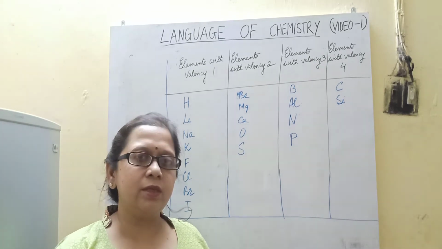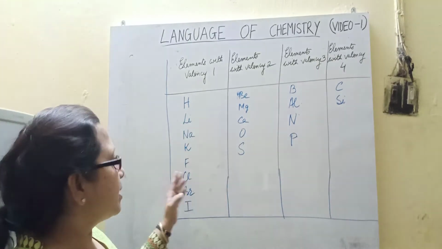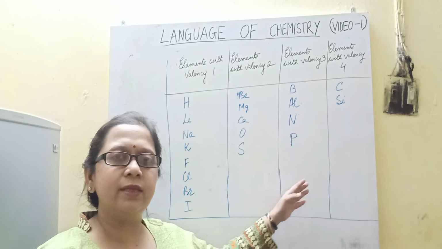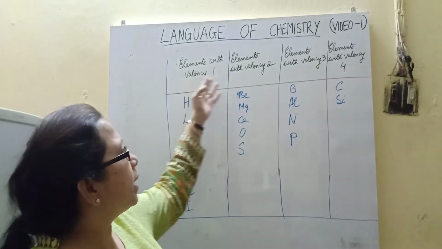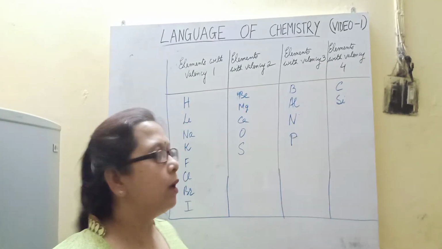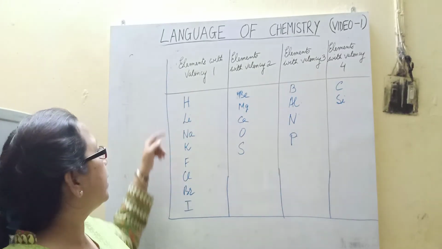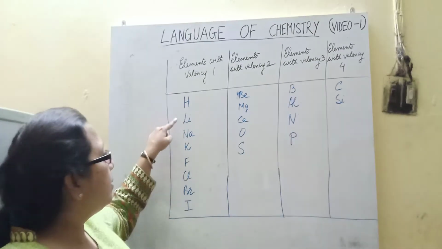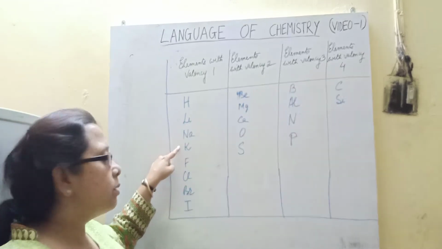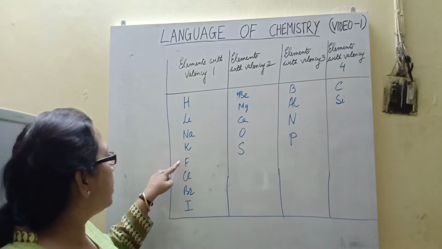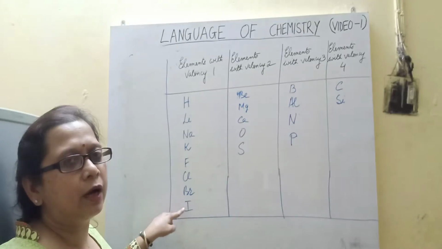So students, we have categorized the elements with valency 1, 2, 3 and 4. Now let us have a look at the elements with valency 1: hydrogen, lithium, sodium, potassium, fluorine, chlorine, bromine, iodine.